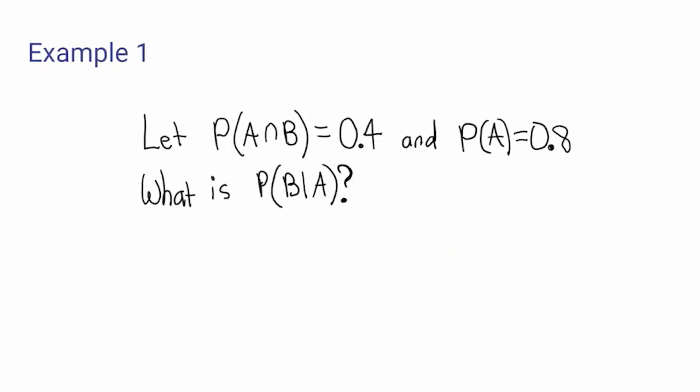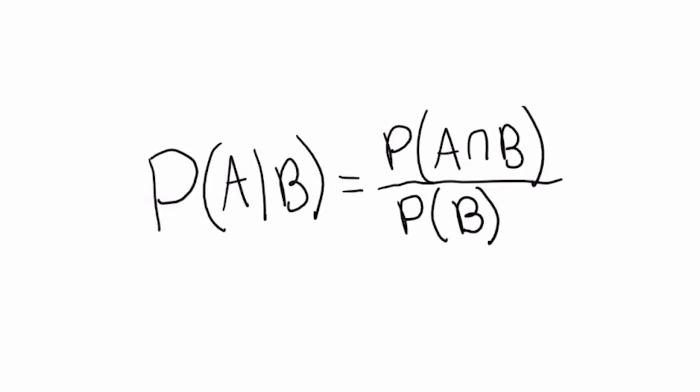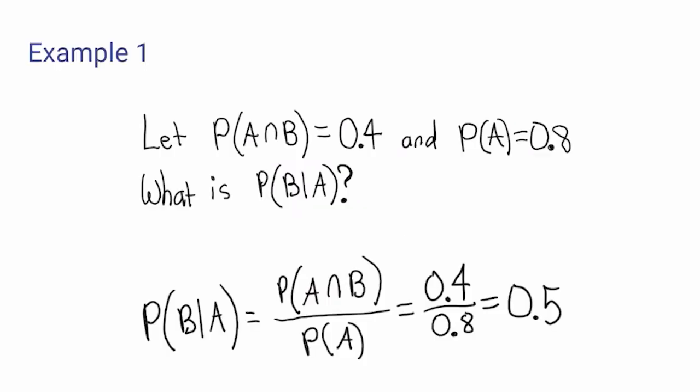Let's try some examples. This first example, let the probability of A intersect B equal 0.4, and the probability of A equal 0.8. What is the probability of B given A? Well, let's go back to that formula we found. Probability of A given B is probability of A intersect B divided by probability of B. So, in our problem, we switched up the letters.